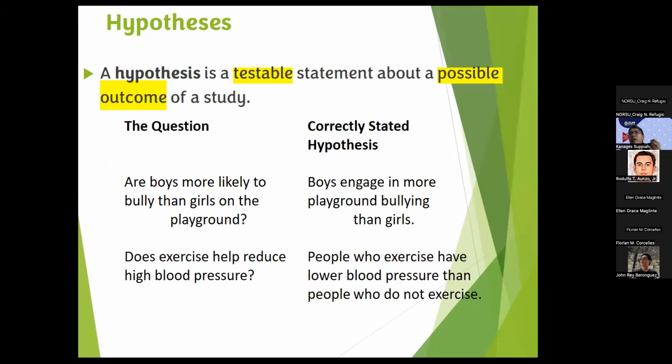In other words, a hypothesis is a scientific term and the layman's term is assumption. So when we want to test our assumption, when we want to test a statement, that becomes a hypothesis.